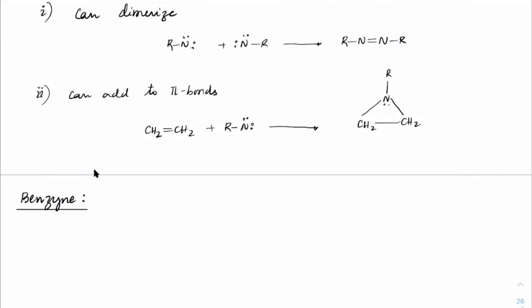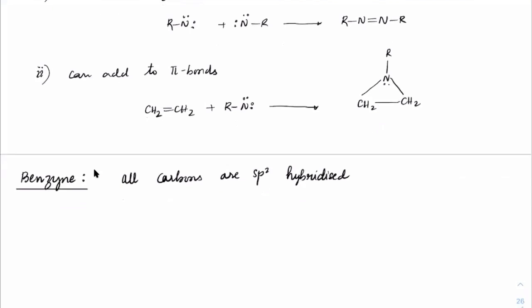One very important part in benzene is all carbons are sp2 hybridized. It would have a 6 pi electron closed loop. When you have 6 pi electrons, which means it is following the 4n plus 2 rule, which shows it is aromatic.